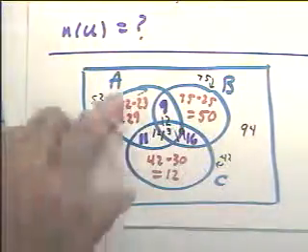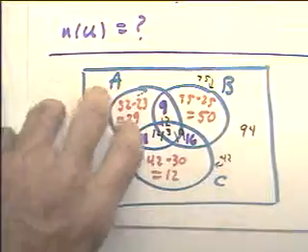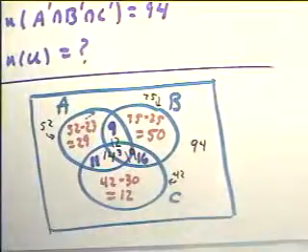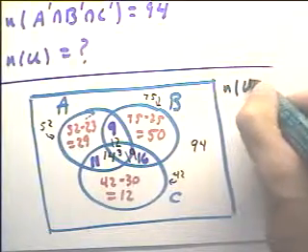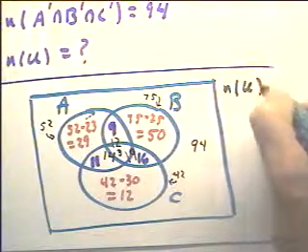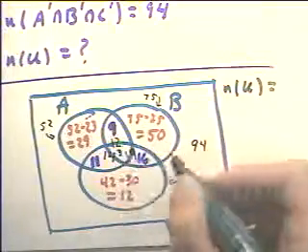Well, we simply add up the numbers in all of the 8 regions, so that the number in the universe is going to be, let's just start here.